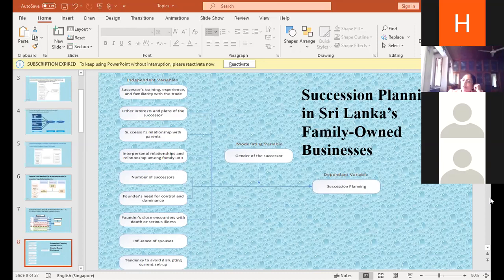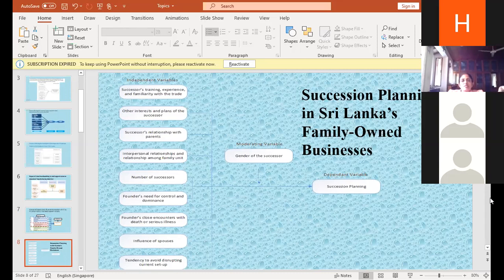If you get a sizable business, it's very few. We are looking at fairly developed organizations, not just the petty kade type of things, right? So when you look at them, you find it's very few. So we are looking at whether they have a successor groomed to take over the business.